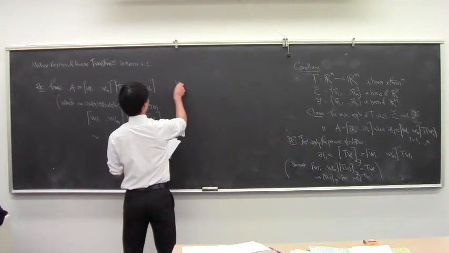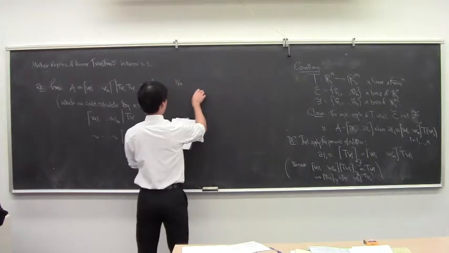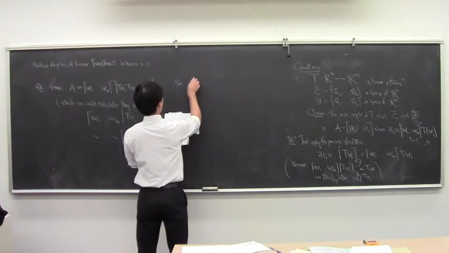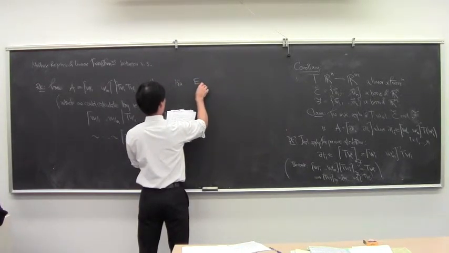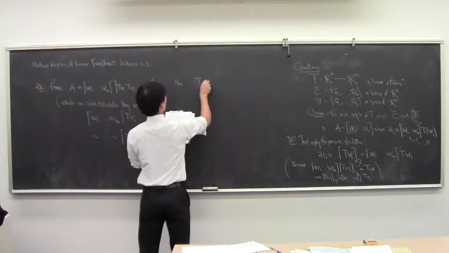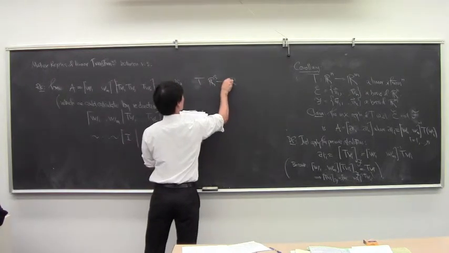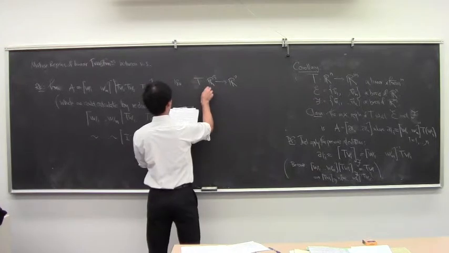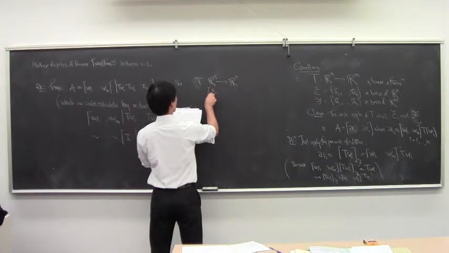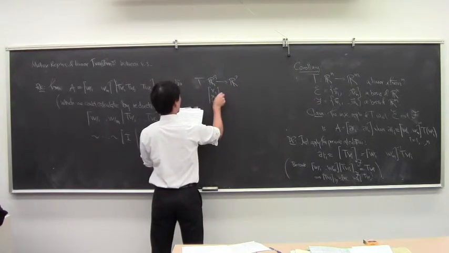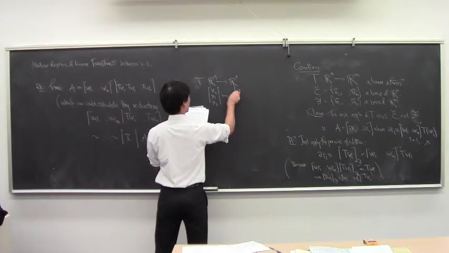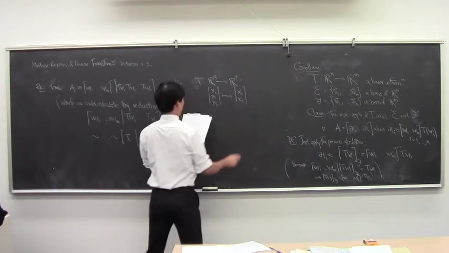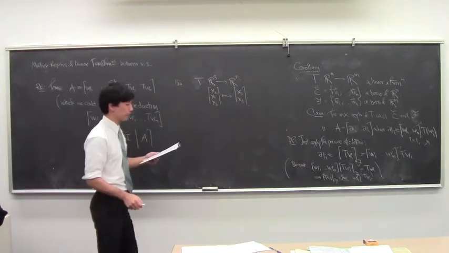This is problem 18A from the text. So you have one basis. You have a linear transformation from R3 to R2. Here it is. It takes x1, x2, x3 and maps it to x3, x1. Okay.